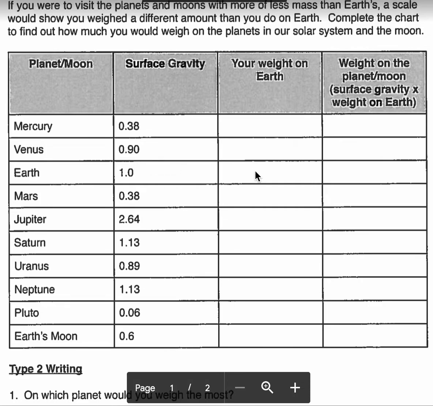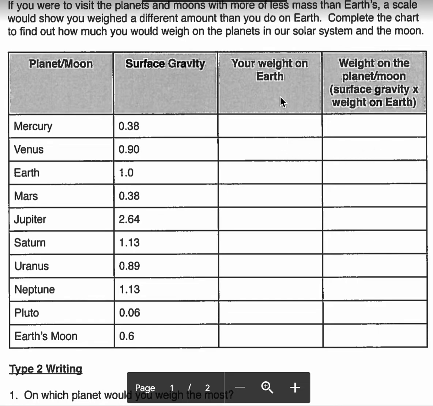If your weight on Earth was 100 pounds, your weight on Earth would still be 100 pounds. But if you went to Venus, which is smaller than Earth and has less surface gravity, 0.90 surface gravity, you would multiply that times your weight on Earth, and you would find that on Venus, you would weigh 90 pounds.